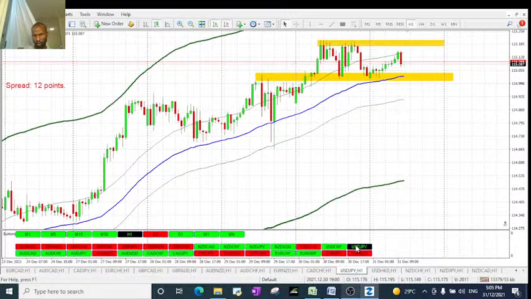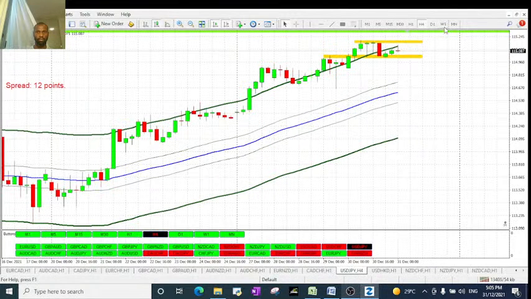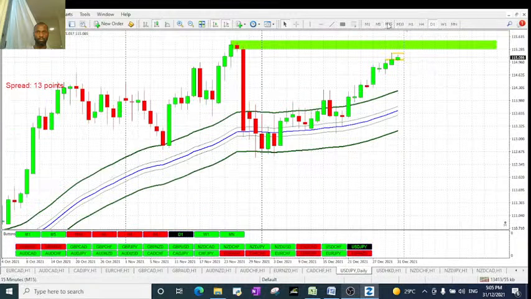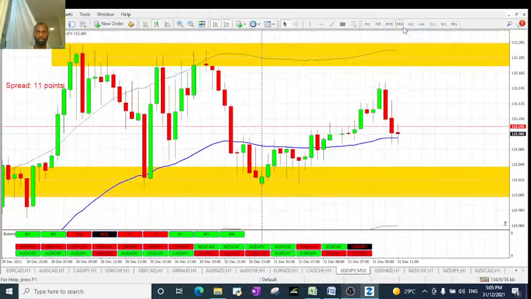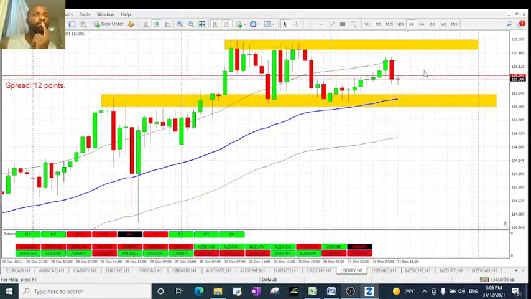US yen. Let's see, let's see, let's see.